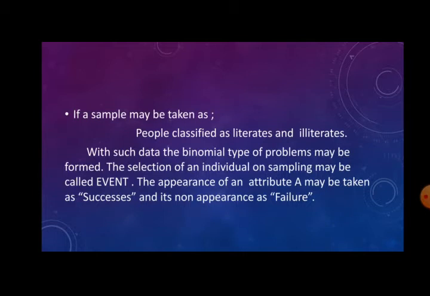You're selecting one event. Next, the appearance of an attribute A may be taken as success and its non-appearance as failure. In a sense, first you take a null hypothesis, or you take one attribute as success and its alternative might be the failure.